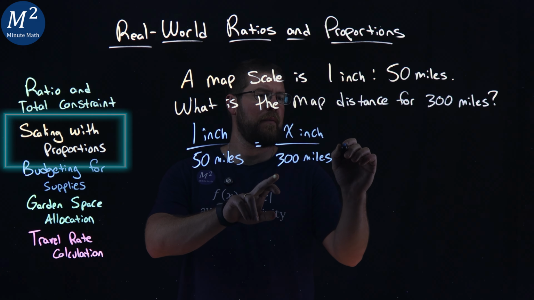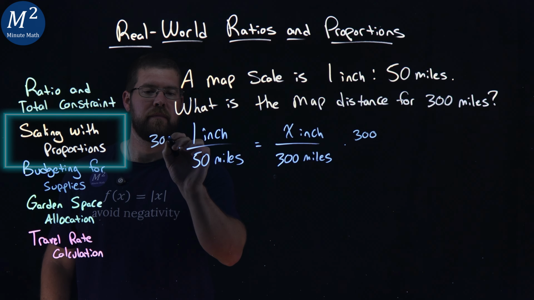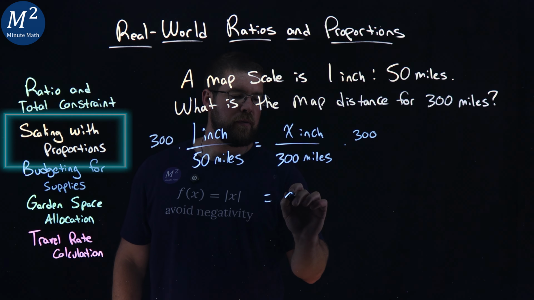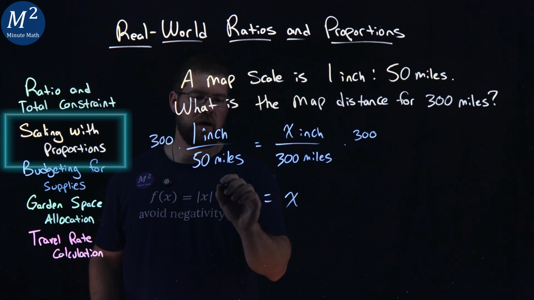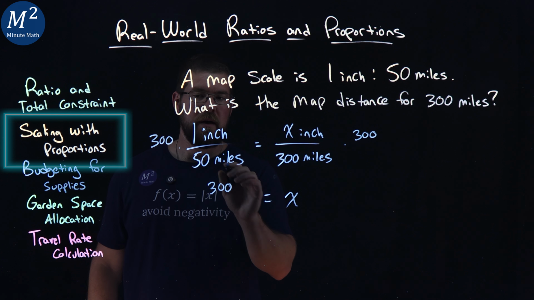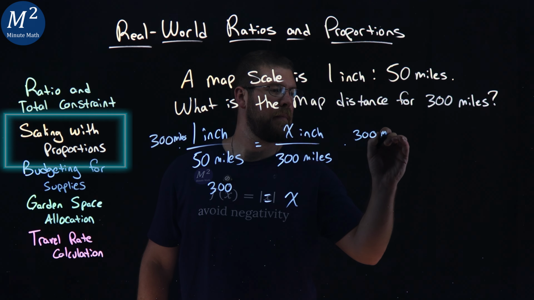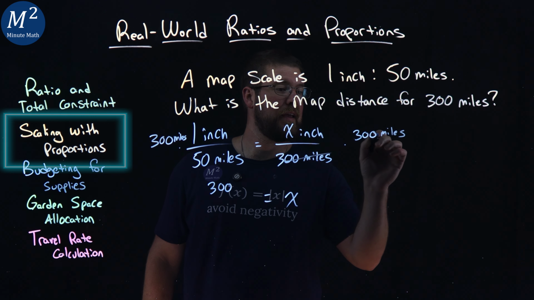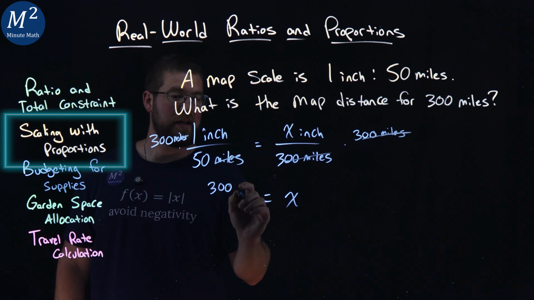To get x by itself, I'm going to first multiply both sides by 300. And so x is by itself on the right. 300 times 1 is 300. If we want to keep our units, I can show you how it cancels out. The miles cancel, and we're left with inches.